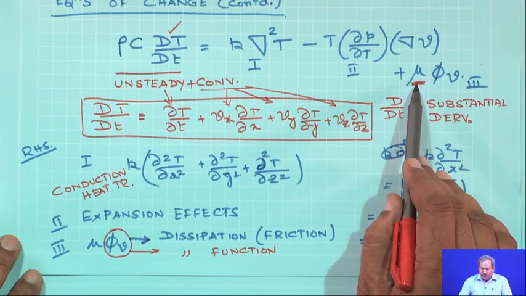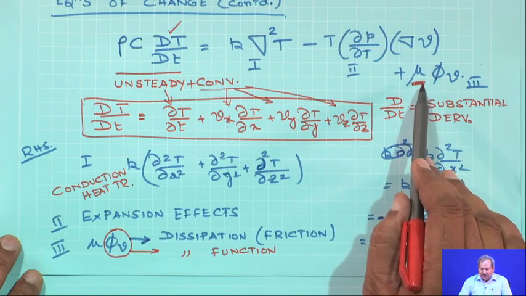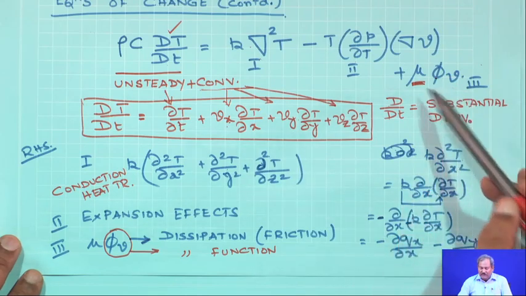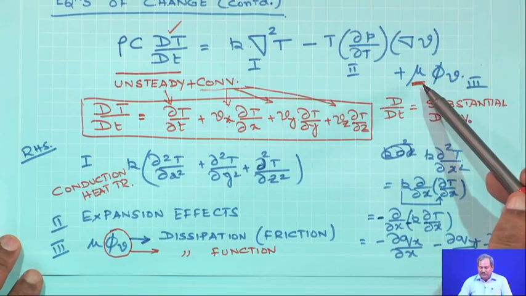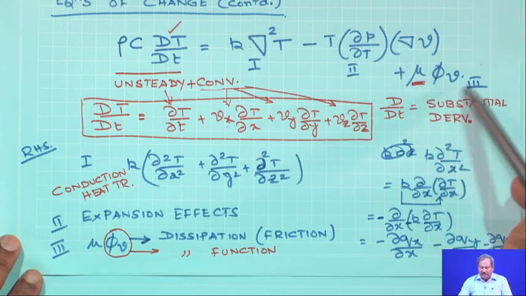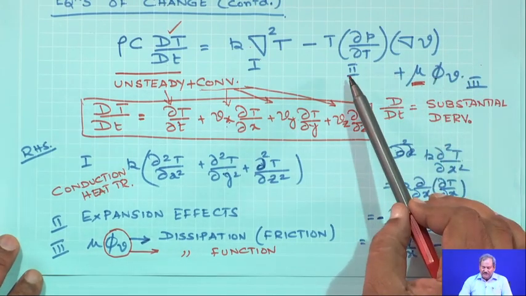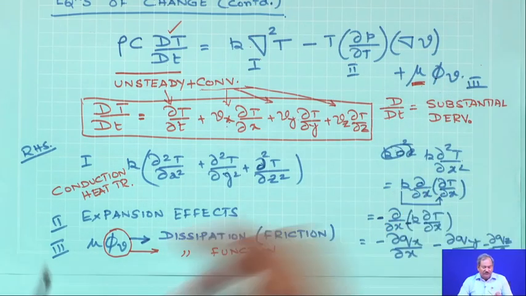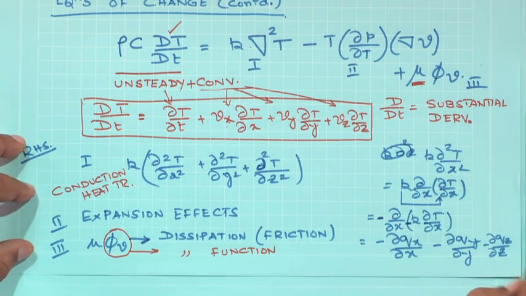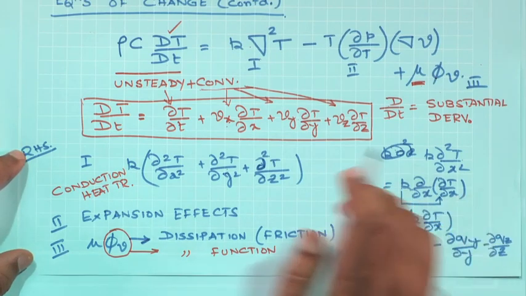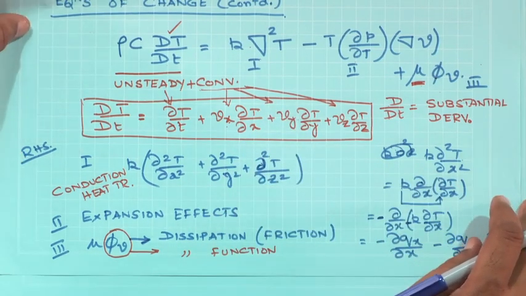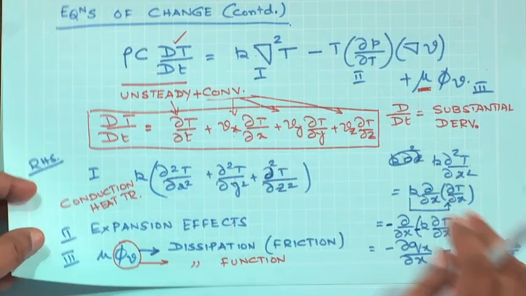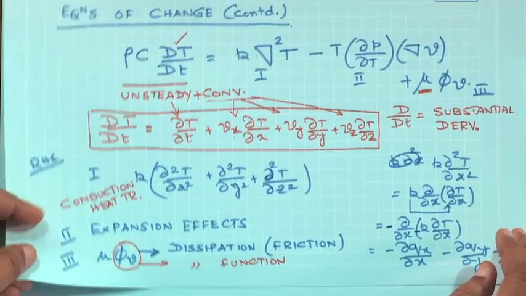So, all the terms which have the viscosity in front of them in the energy equation refer to the dissipation function, and therefore, for most of the practical situations this third term can be neglected. The second term may or may not be relevant. So, the second term will have different connotation in terms of its significance in the energy equation, and let us see when it would be relevant and when it is not relevant, and we can get back to an equation that we are more familiar with.